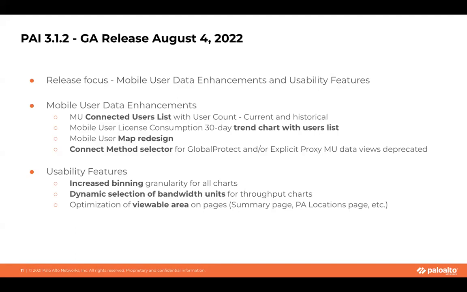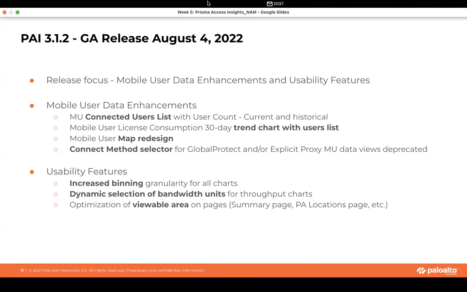Additionally, what we had heard from a lot of you, and one of the biggest requirements that most of our customers had indicated for a long time, was the requirement to be able to see who was connected to Prisma Access and how many.